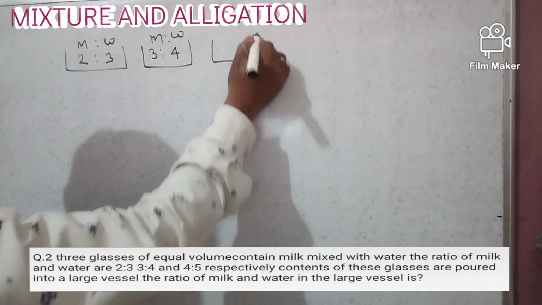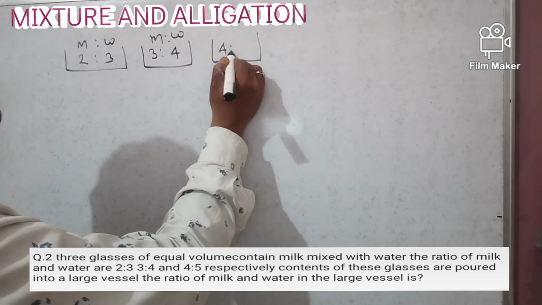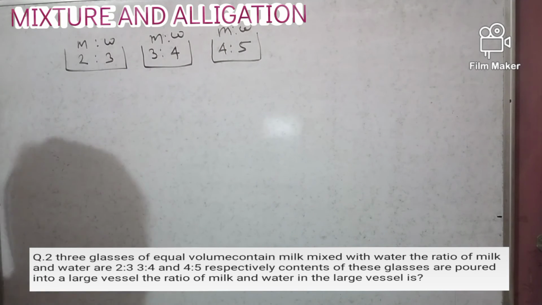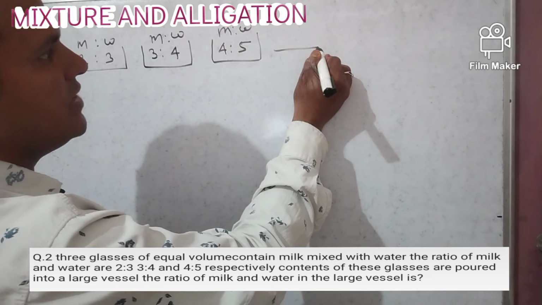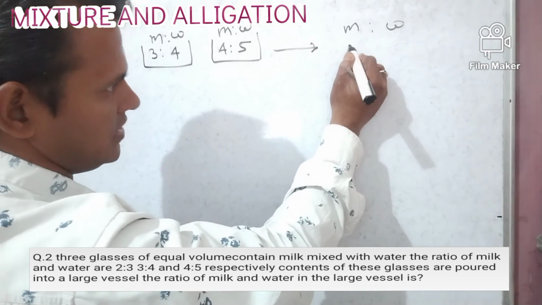In the third glass, 4:5, the milk and water ratio is 4:5. We need to know the ratio of milk and water after mixing, right?